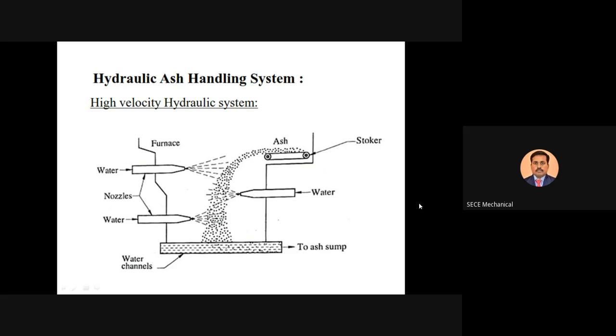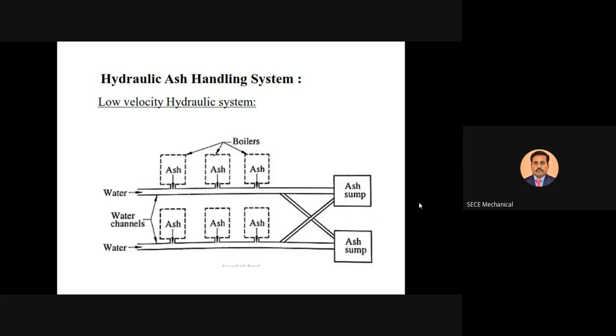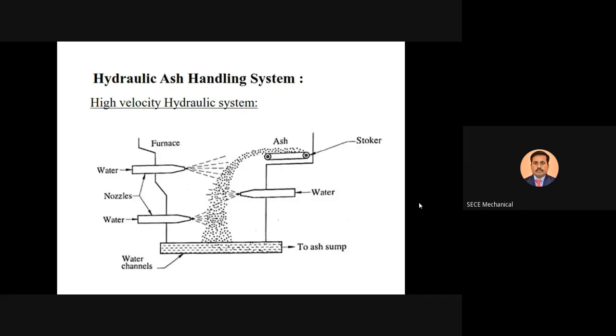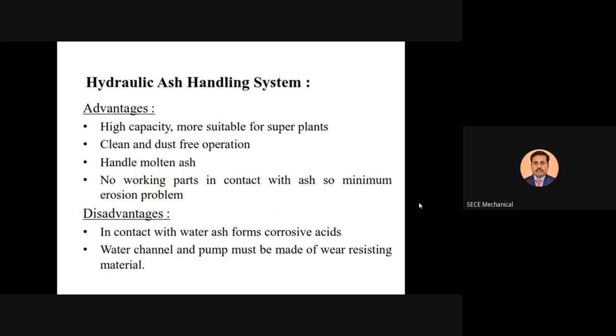By this way, we can transport the ash from the furnace to the disposal area. So these are the two different types of hydraulic ash handling system: low velocity hydraulic ash handling system and high velocity hydraulic ash handling system. So what are the advantages in ash handling system if you use hydraulic?